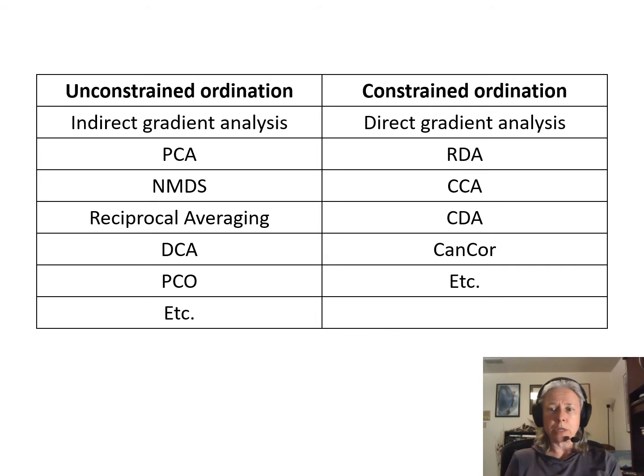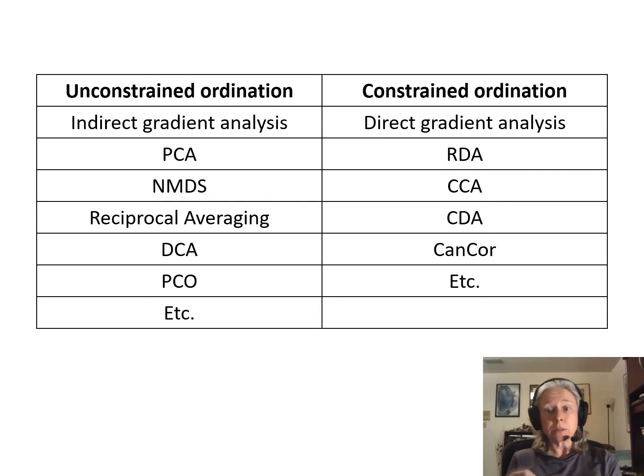Unconstrained forms of ordination are conducted on a single set of interdependent variables with the purpose of extracting the major patterns among those variables, irrespective of any relationship that they may have to variables outside of that single data set that you're focusing on. So in this type of ordination, the sampling entities are not constrained by any other variables. So that's why it's called unconstrained ordination.